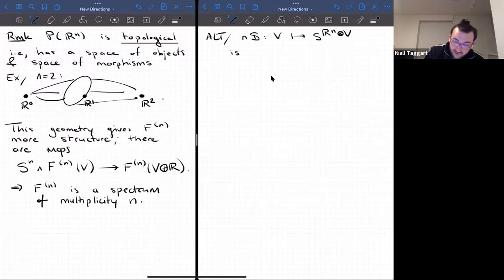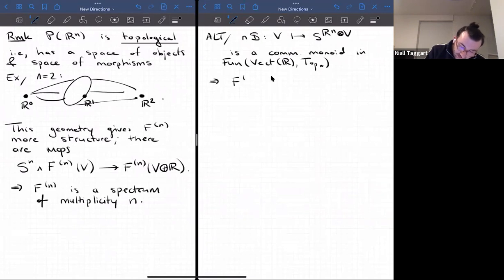And this is a commutative monoid in this category of functors. And then the nth derivative is just a module over this guy. So you have commutative monoids as rings, and then you're talking about modules over a ring.